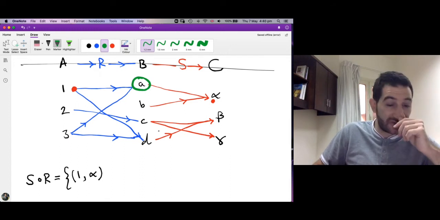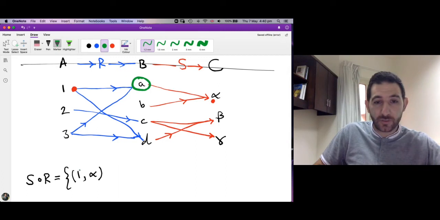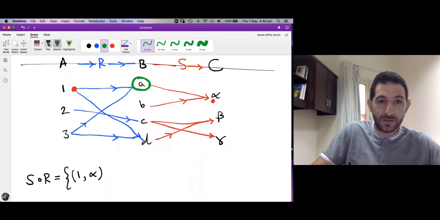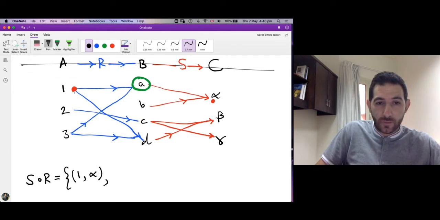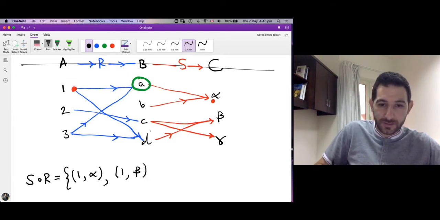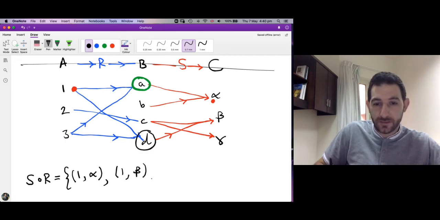So by definition of composition, 1 must be related to alpha. Second, since 1 is related to D and D is related to beta, then 1 is also related to beta, because D is the intermediate element between 1 and beta.